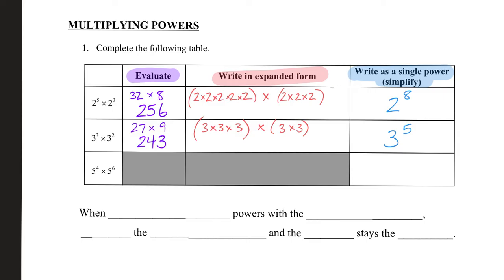And now we're trying to pattern it out to be able to anticipate, can I take 5 to the 4th times 5 to the 6th and skip over evaluating it and skip over expanding it? Could we just simplify it in one step?